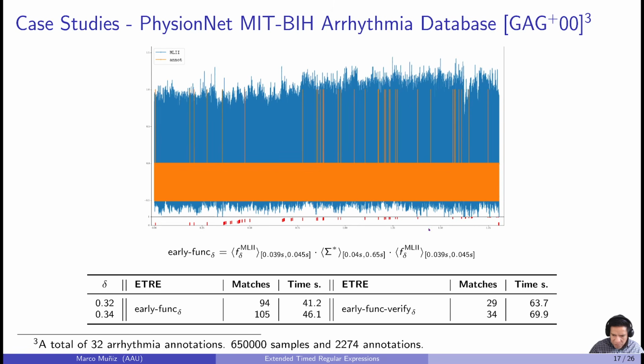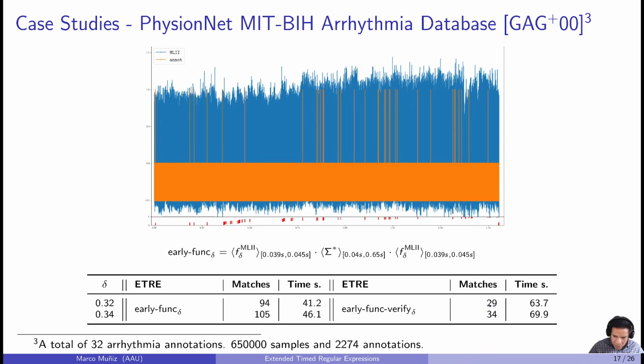So these are two heartbeats coming close to each other too soon. If we run this expression, we have 94 matches. And if we take a conjunction with the medical annotation, we note that we have 29 of 32. So we are still missing some annotations.